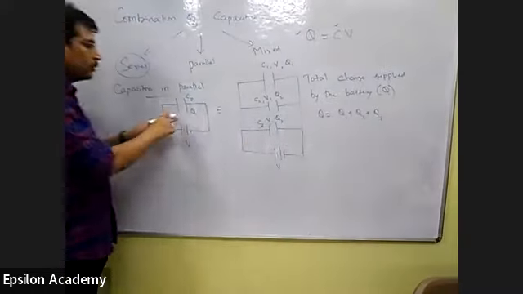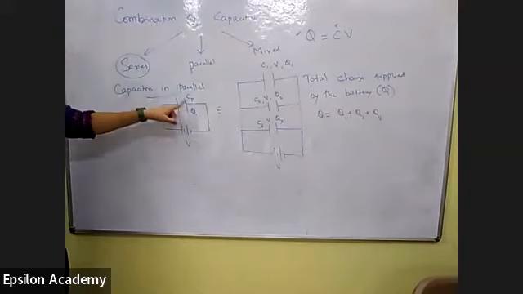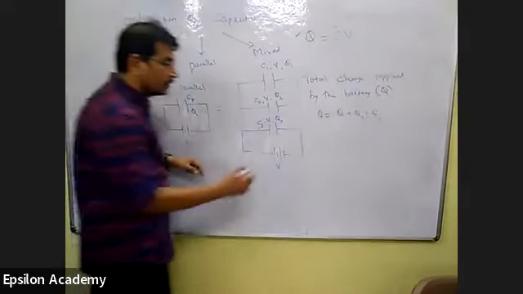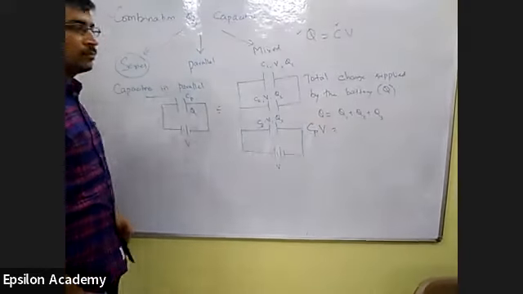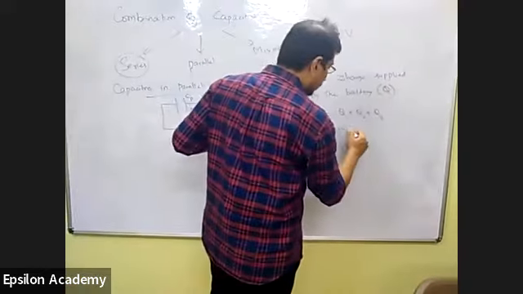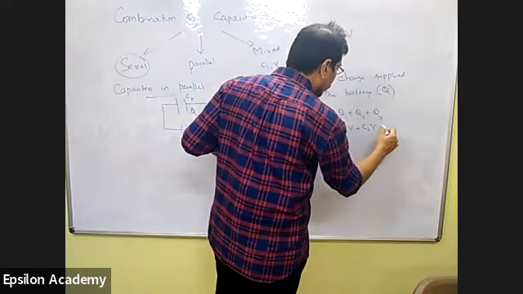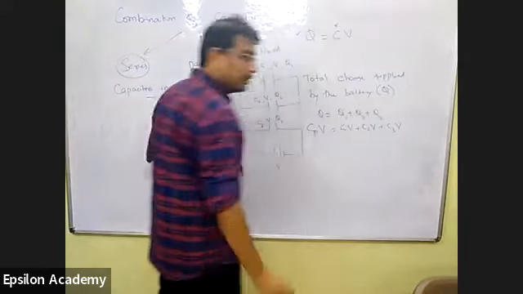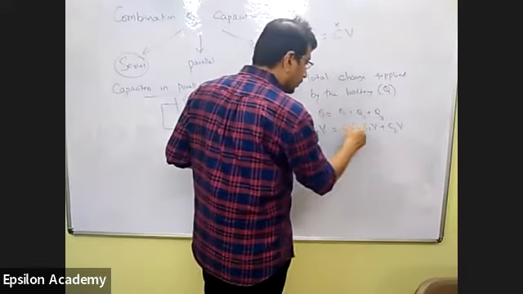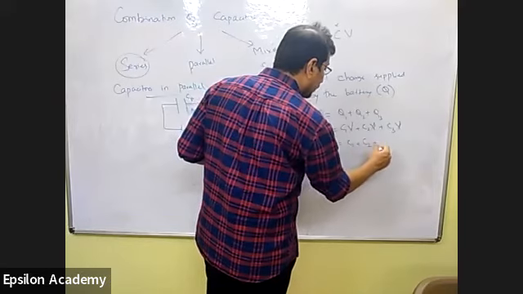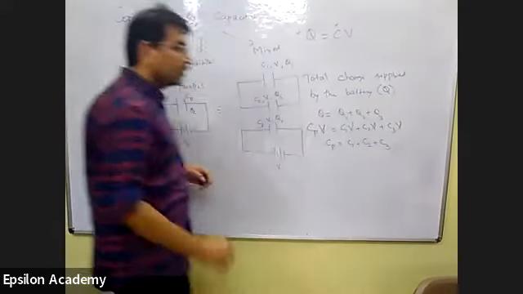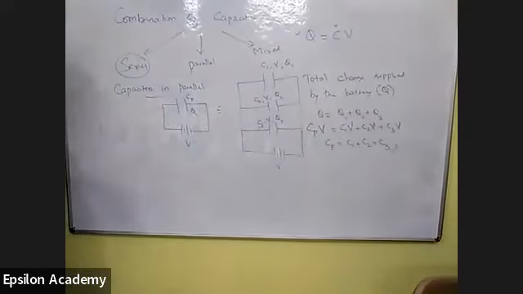Q is equal to Cp into Vp. So Cp is the equivalent capacitance in parallel into V. What is Q1? C1V, C2V, C3V. Then what is going to happen to V? Cancel. Then Cp will be equal to C1 plus C2 plus C3. So when capacitors are connected in parallel, their individual capacitances get added.